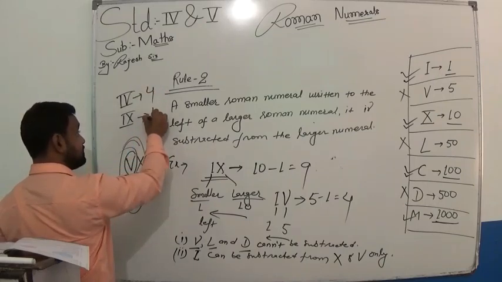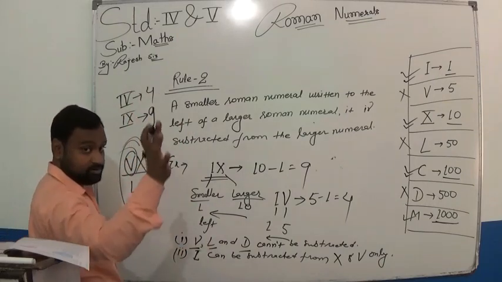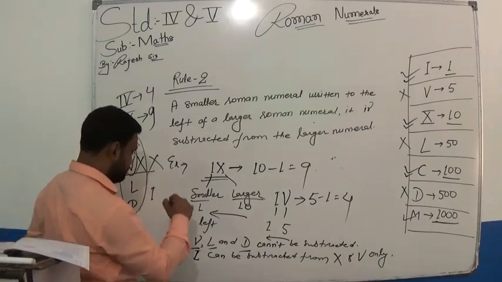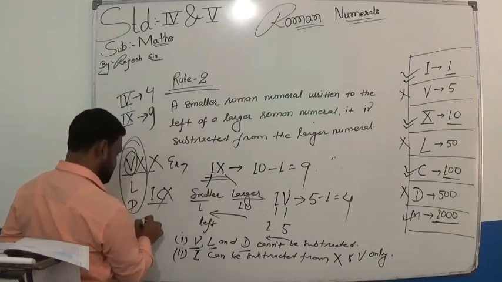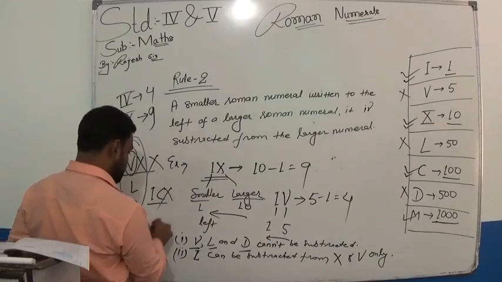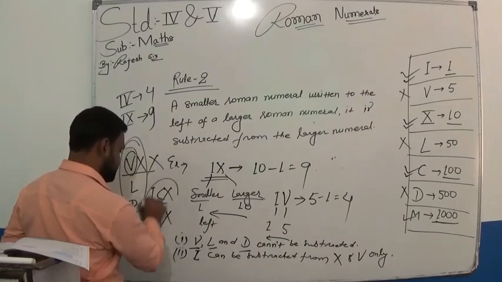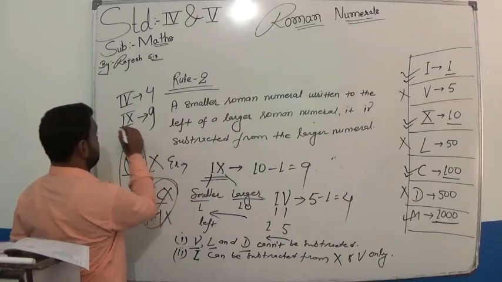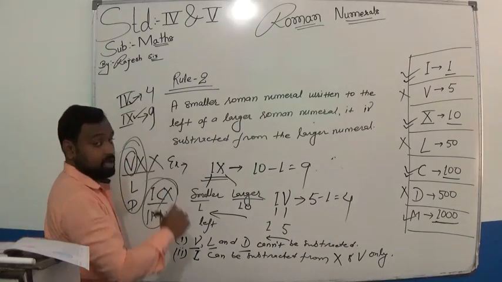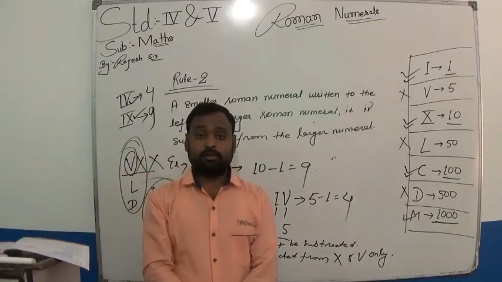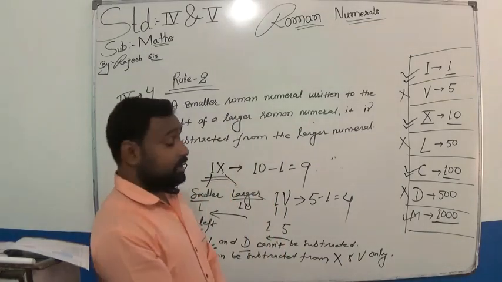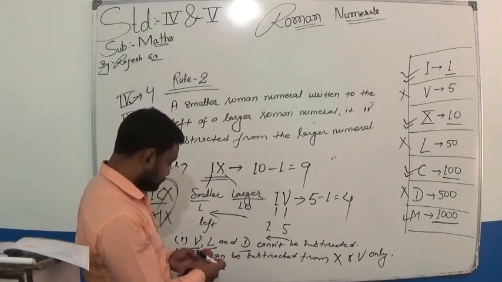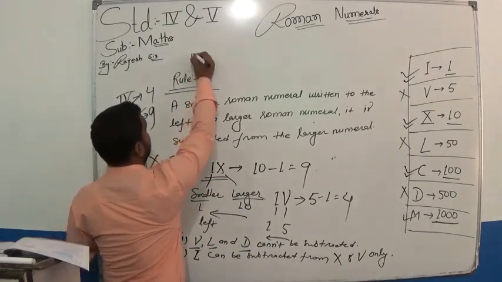It is 4 and it is 9. We can't write IL, IM, IC. We can't write. I can come to the left of only V and X. Next, I am writing here number 3.